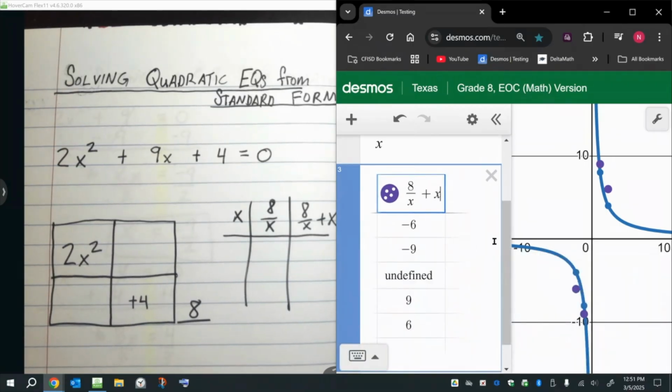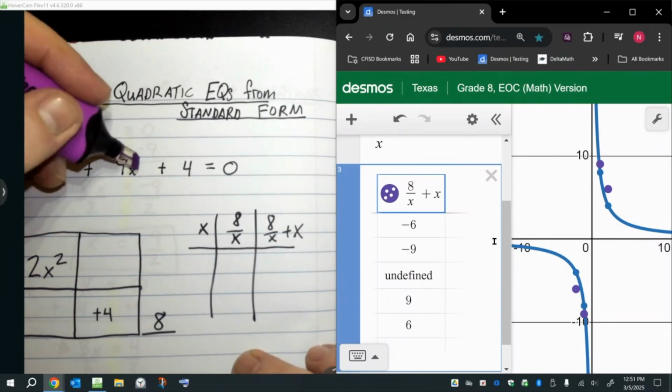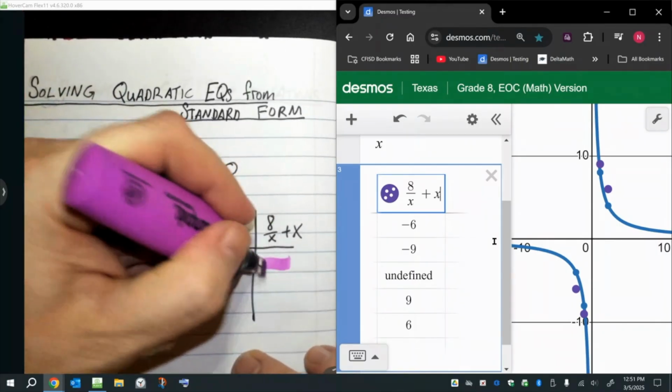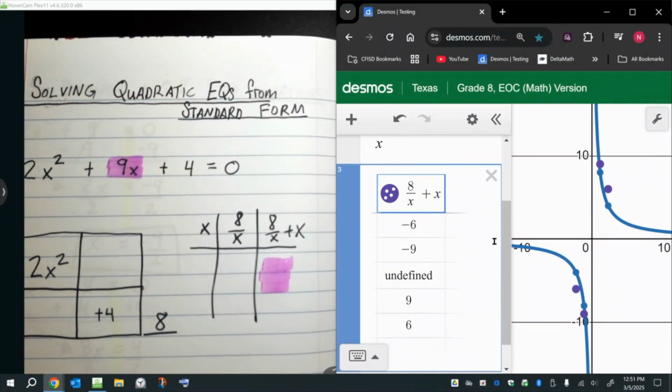And now we're looking for our middle term. We're trying to find this 9 right here. Looking for the 9.